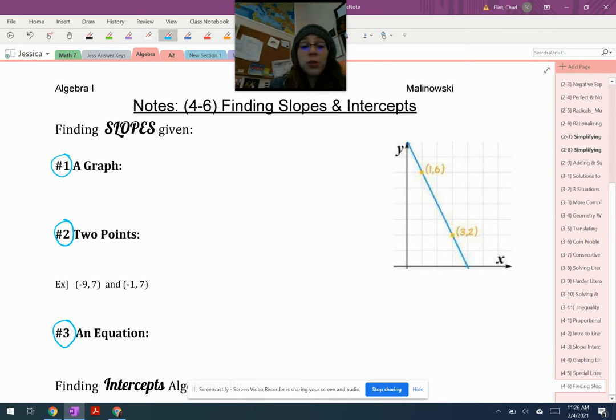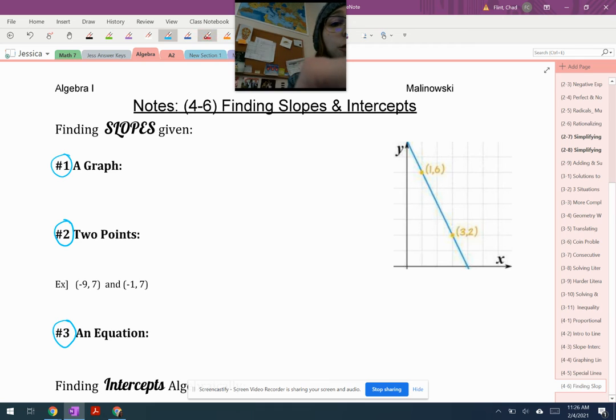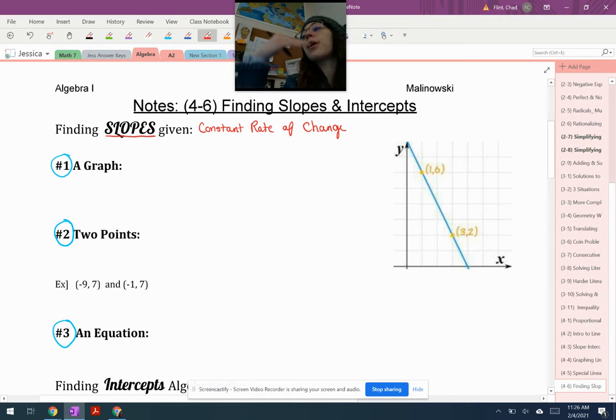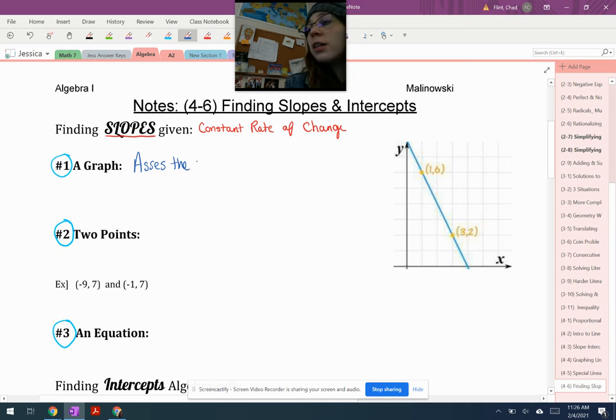For our first option, we're looking at finding slopes given a graph. Remember, your slope is just a constant rate of change. It's that same amount that you're going up and over by. When you are looking at a graph, the first thing you want to do is assess the type.